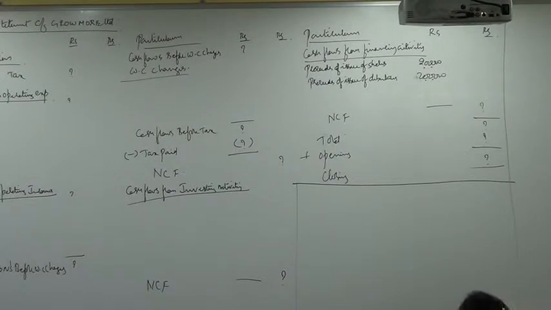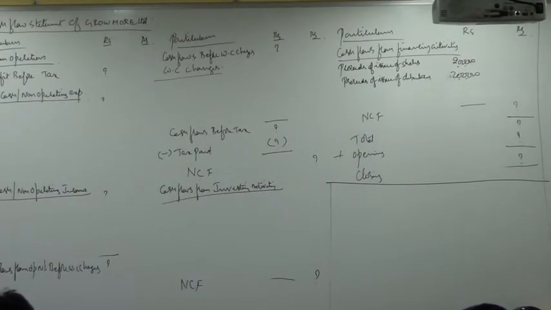Next, provision for taxation, 70,000 and 1 lakh. Last year there was a provision of 70,000. Now there is a provision of 1 lakh. We don't take it as a current liability, we take it as a non-current liability and we prepare a separate provision for tax account.